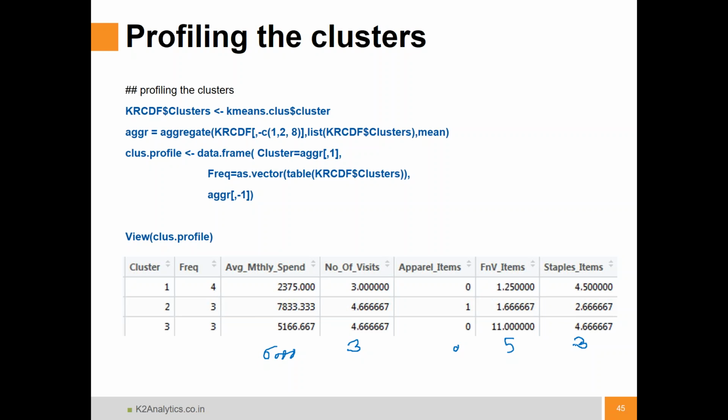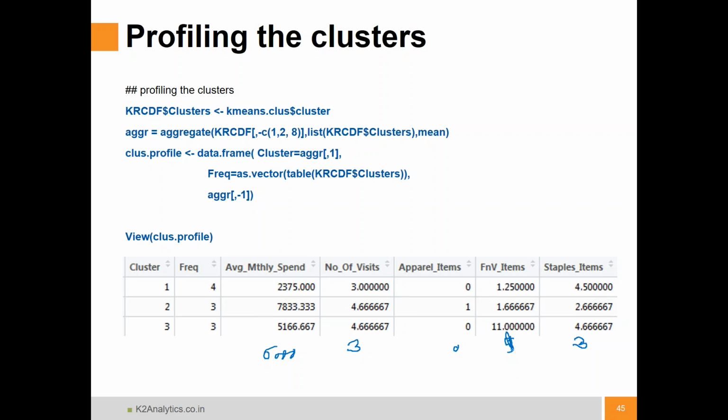Why cluster 3? Because 6,000 is close to the spend 5, and that 5 FNV is also closer to it. On staples, it is between 2.6 and 4.6. Based on that, for example, let me change this number and make it 1.